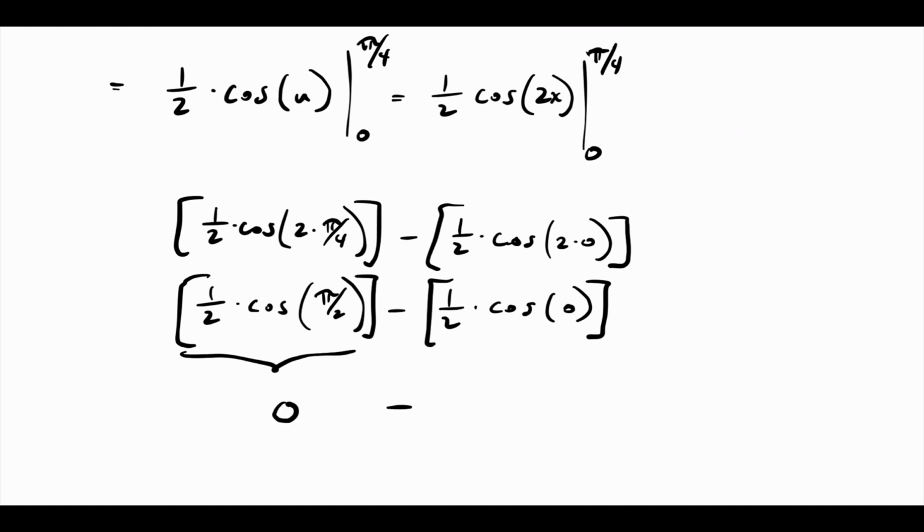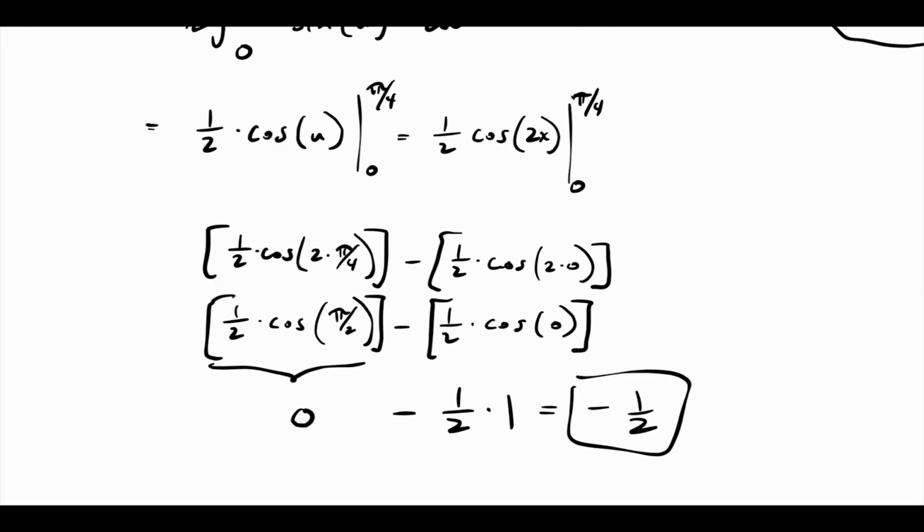Times 1/2 is 0. But cosine of 0 is 1, because cosine starts at 1. So it would be negative 1/2 times 1, which is negative 1/2. Okay.